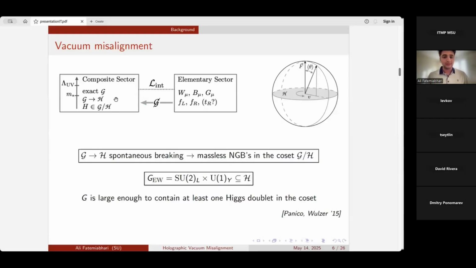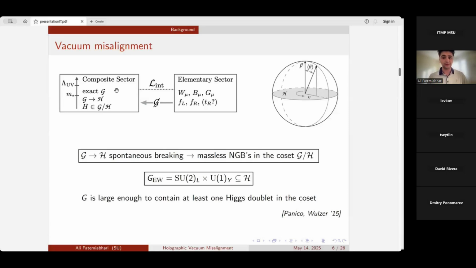And since this composite sector is QCD-like, it is strongly coupled, so studying it is not very straightforward. One way which people usually take is doing some calculations by lattice field theory methods. Here we do it with holographic method.